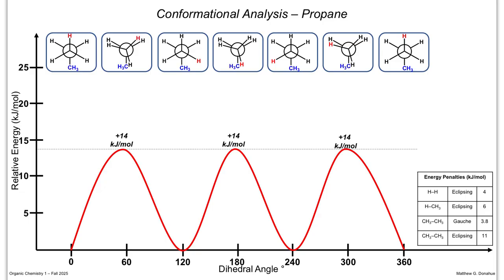So as I mentioned, the nature of the bond you're looking down will matter. And then as we get to butane and then higher hydrocarbons that are linear and branched, we're going to end up with more conformers, and therefore the curves won't look this simple. Any questions?